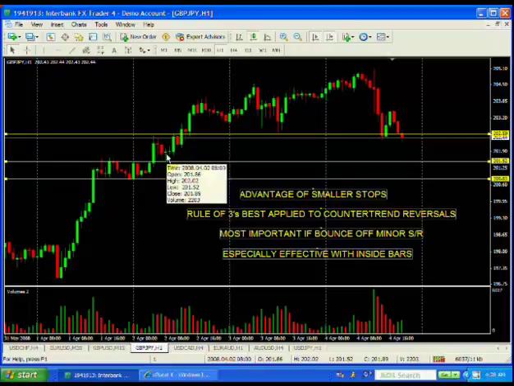Now a lot of times we don't want to get out, especially if it only moves 10 pips against us, but this 10 pips would mean a break of support here. Now we don't necessarily want to wait until the close before we get out if we can help it. If we're going to be conservative, as soon as we have a break here, even if the bar hasn't closed, we'll go ahead and get out. And if it pulls back up, then we'll get back in.